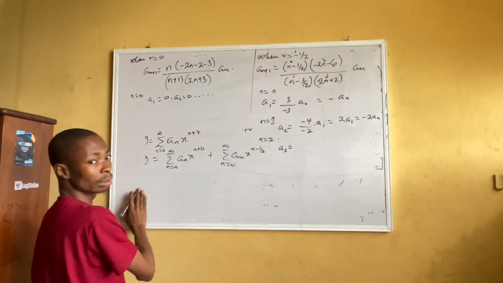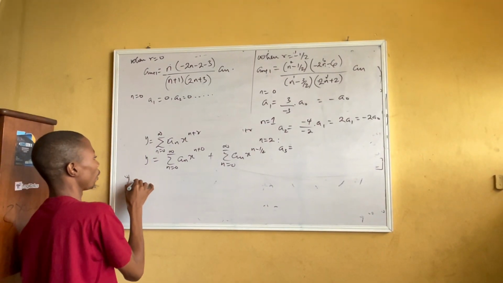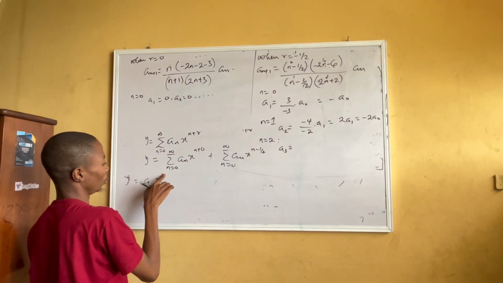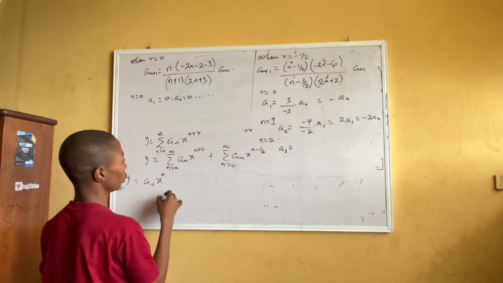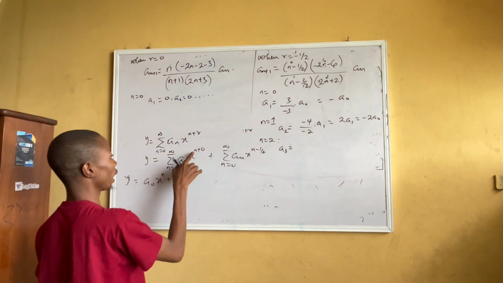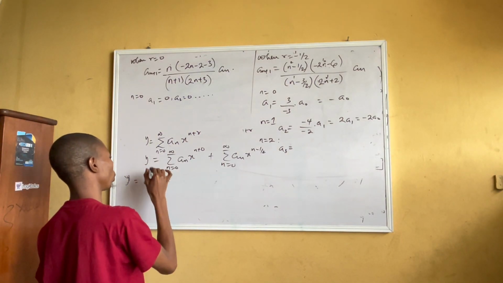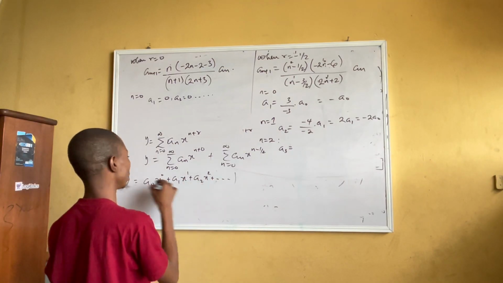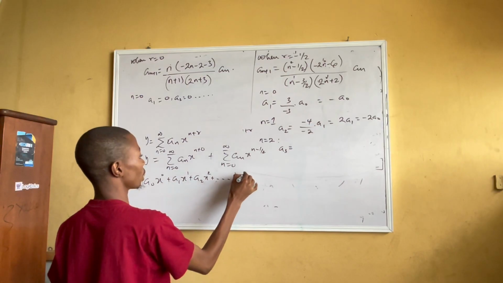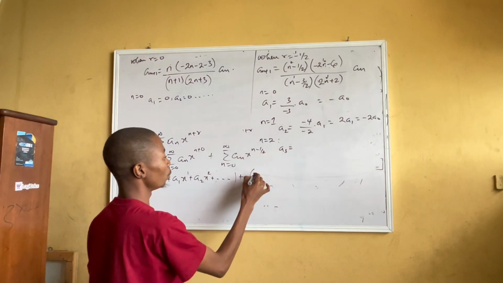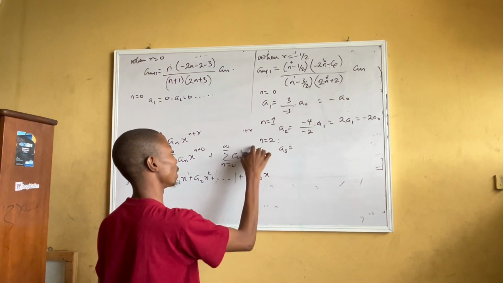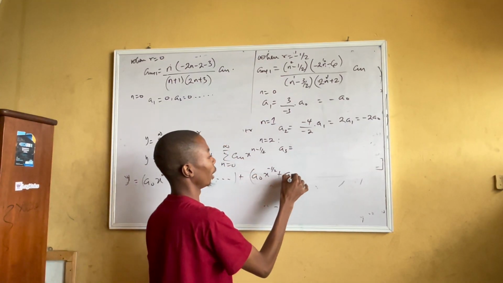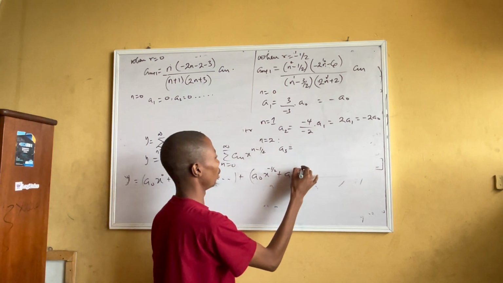And if you expand this, for the first part it will be a0 x^0, a1 x^1, a2 x^2, like that. Then for the second part, if you expand this, it will be a0 x to the minus half if you put 0 here. If you put 1 here, a1 x to the 1 minus half, that's half.